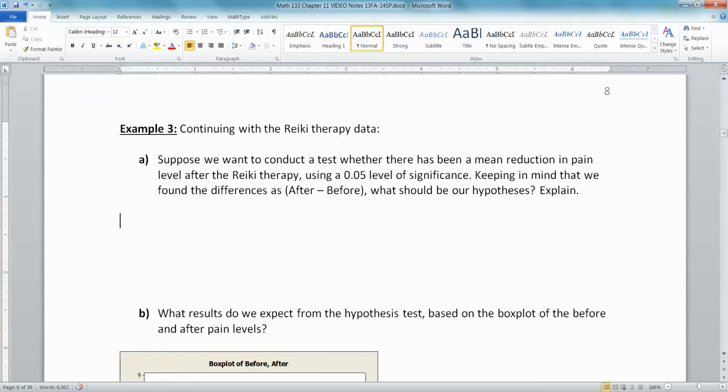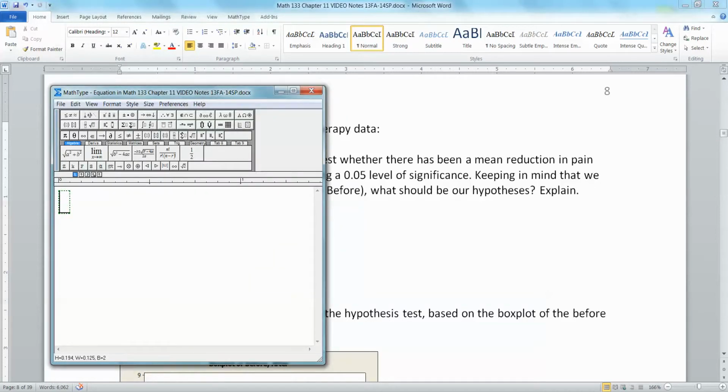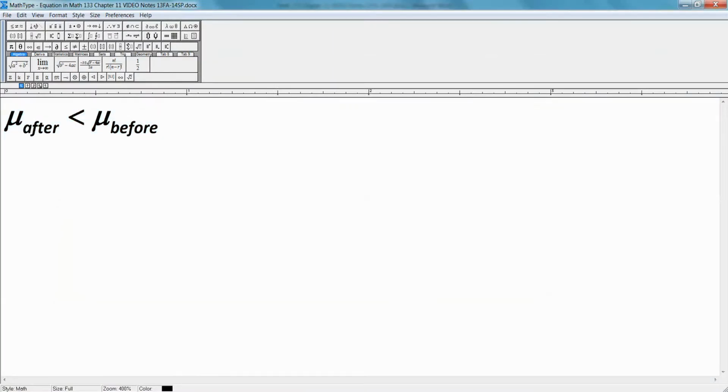All right, so let's see here. We want the mu for after to be less than the mu for before, right? Oh, I'm going to make that bigger. All right, so now suppose I subtract mu before from both sides, because we did after minus before, right? So I'm going to subtract mu before from both sides. Now what's going to happen over here is that they're going to cancel, right?